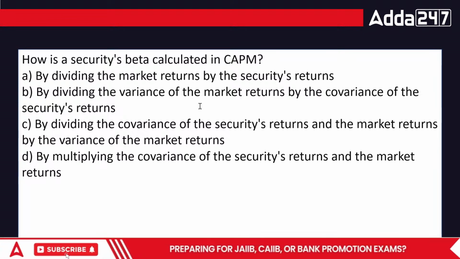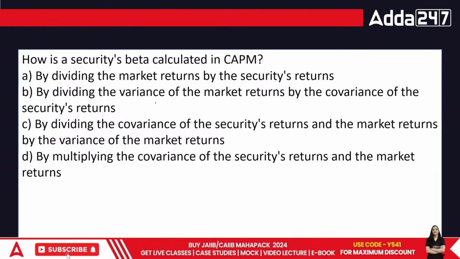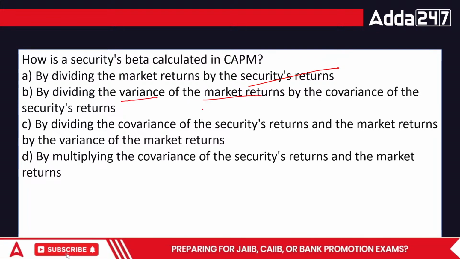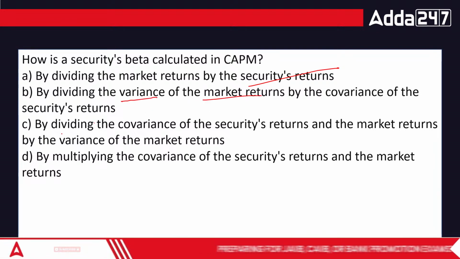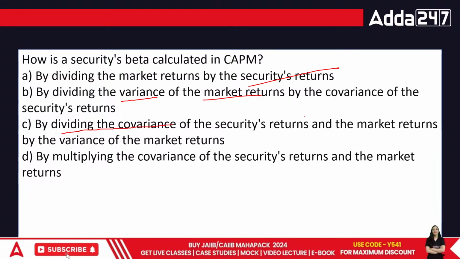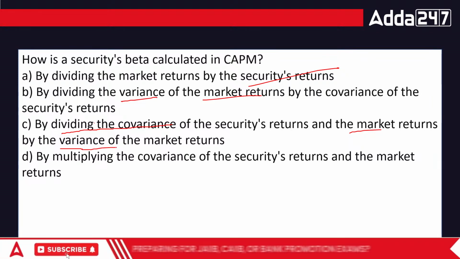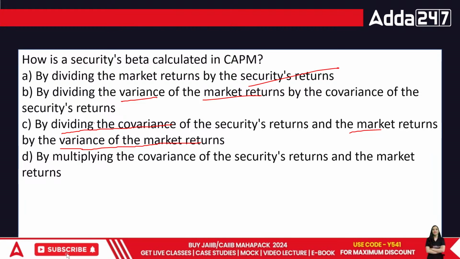Let's look at it. The options there. The first option says by dividing the market returns by the security returns; by dividing the variance of the market returns by the covariance of security returns; by dividing the covariance of the security returns and the market returns by the variance of market returns; then multiplying covariance of security with the market returns.